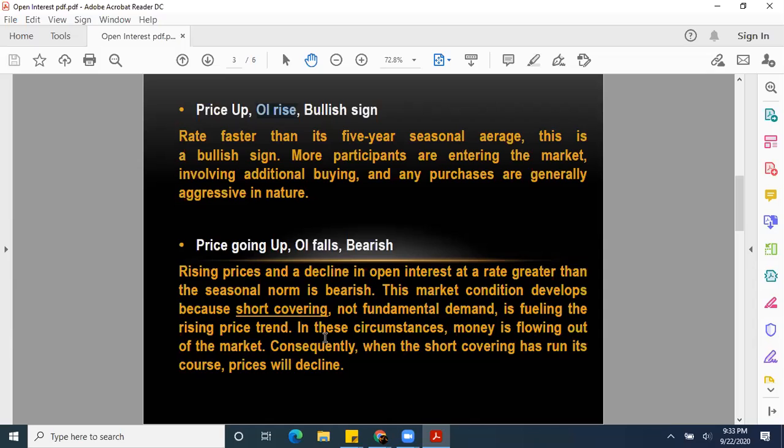So let's see this. Price is going up, but open interest is falling. It simply means that the big guys, the commercials, are feeling that price will drop. When the commercials feel that price will drop, they will be cashing out.